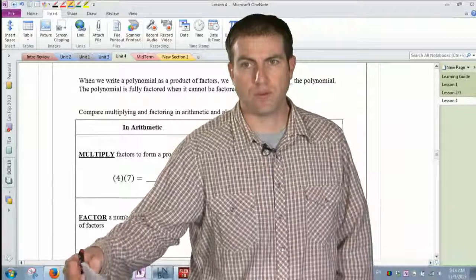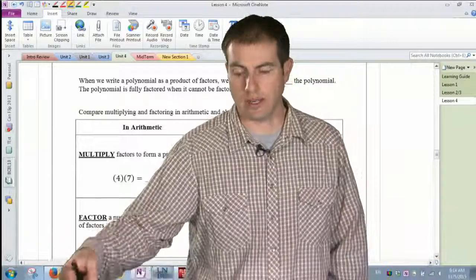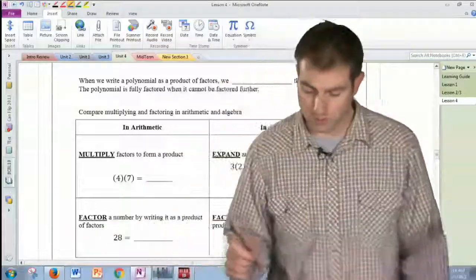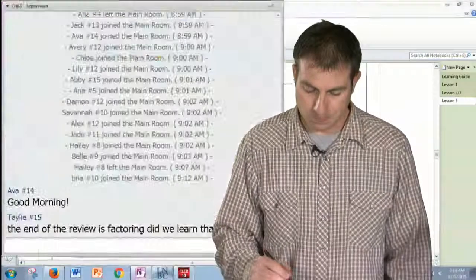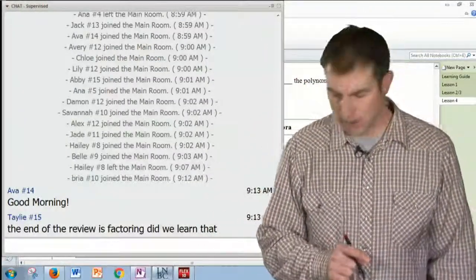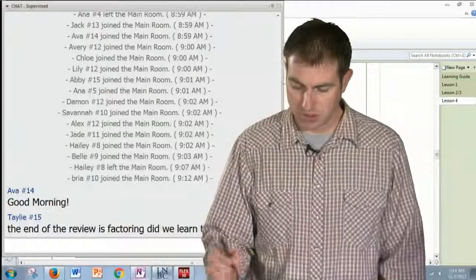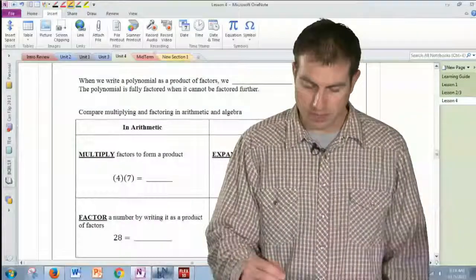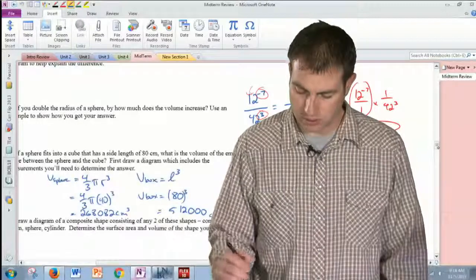The end of the review is factoring. Did we learn that? No. It's a good question. When we talked about the learning guide, I think I said to do the midterm review, I forget how many pages. I think it was the first 6 pages.